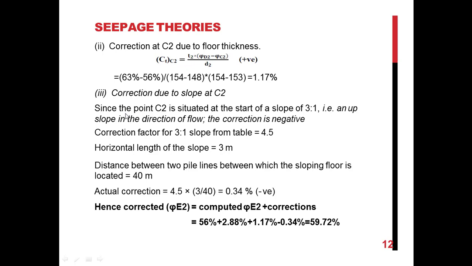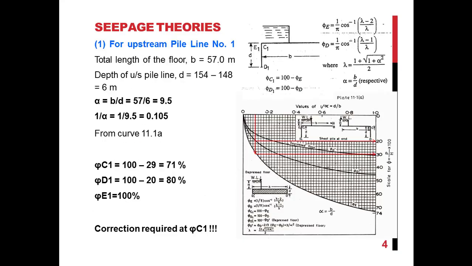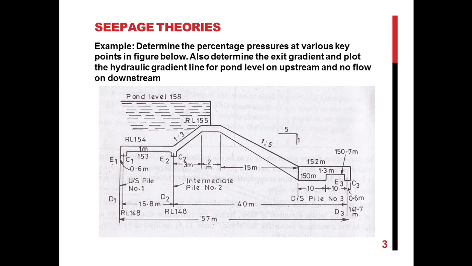The horizontal length of the slope is 3 meter, already given in the figure, and the slope at C2 is at the start and is in the upward direction.